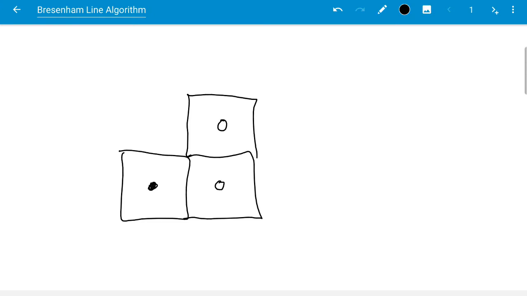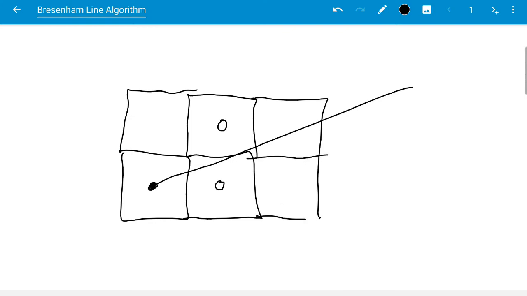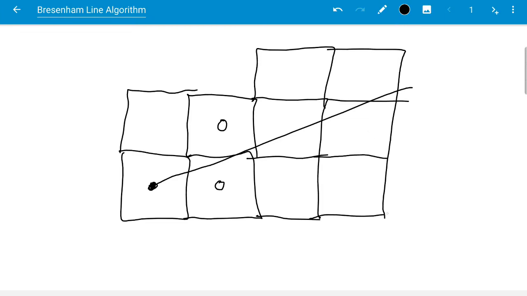And let's say we have a line drawn like so. We might have a wider grid. Let me just show some of that here. Okay, so which one of these options is the right one?